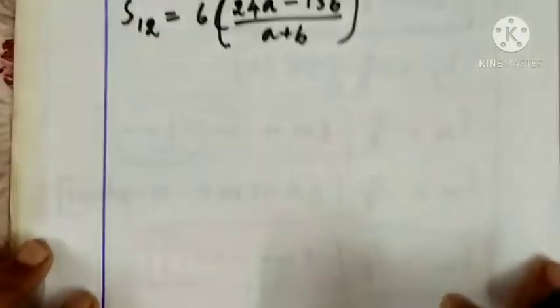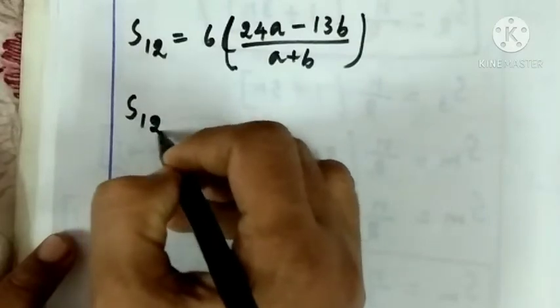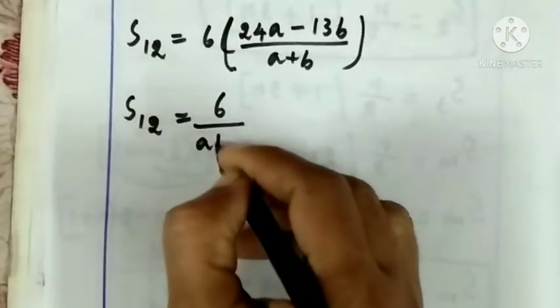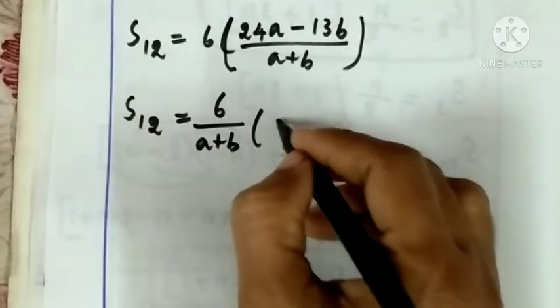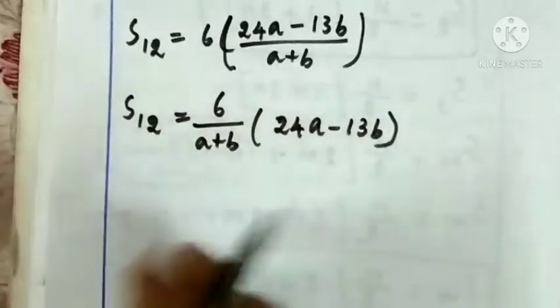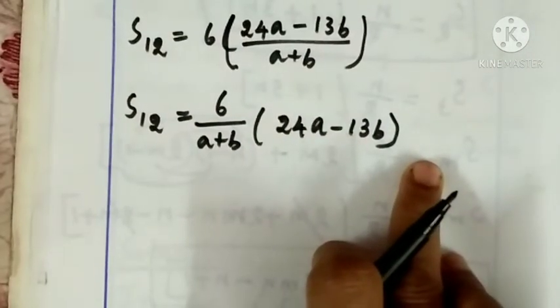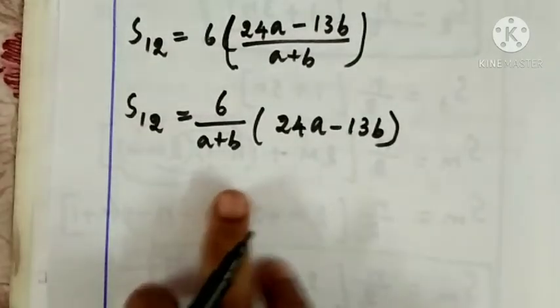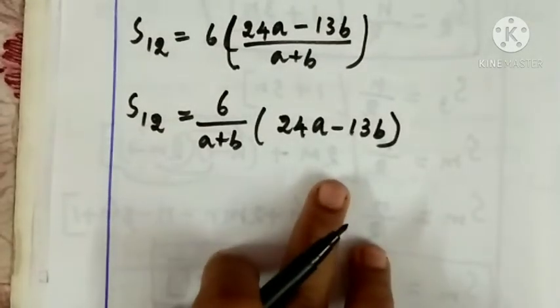It can be written as S12 is equal to 6 by a plus b into 24a minus 13b. Hence, the sum of the given AP is 6 by a plus b into 24a minus 13b.